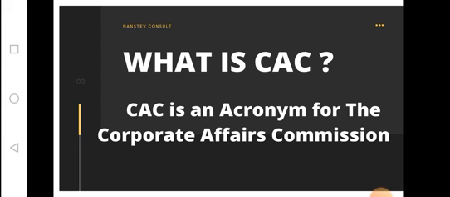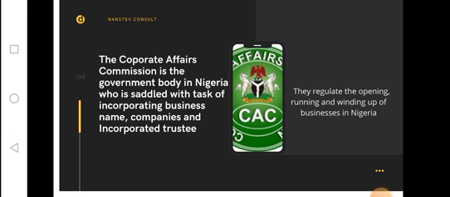So let's go further. What is CAC registration? What does CAC registration mean? CAC is an acronym for the Corporate Affairs Commission. It is the body. The Corporate Affairs Commission is a government body in Nigeria saddled with the task of incorporating business names, companies, and incorporated trustees.